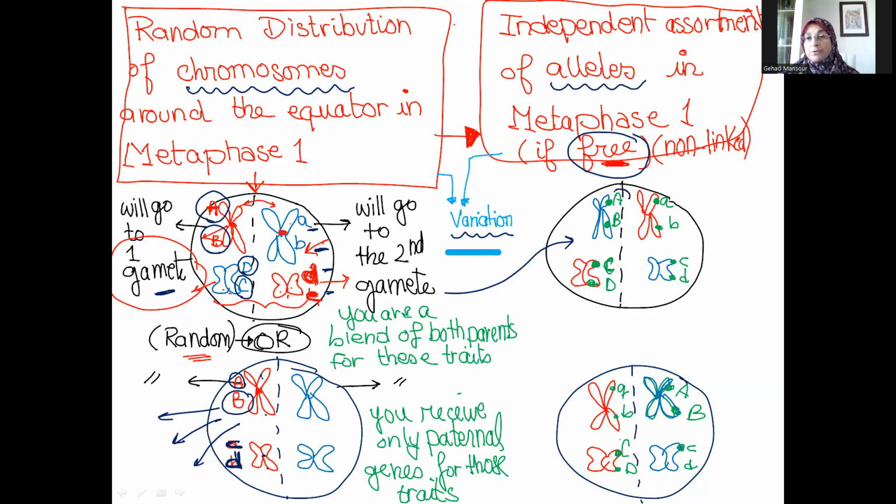Let's consider, for example, that allele which is A capital and that allele which is C capital. A capital and C capital are alleles for two different characteristics, and they are present on two different chromosomes, and therefore they are considered free alleles or non-linked alleles.